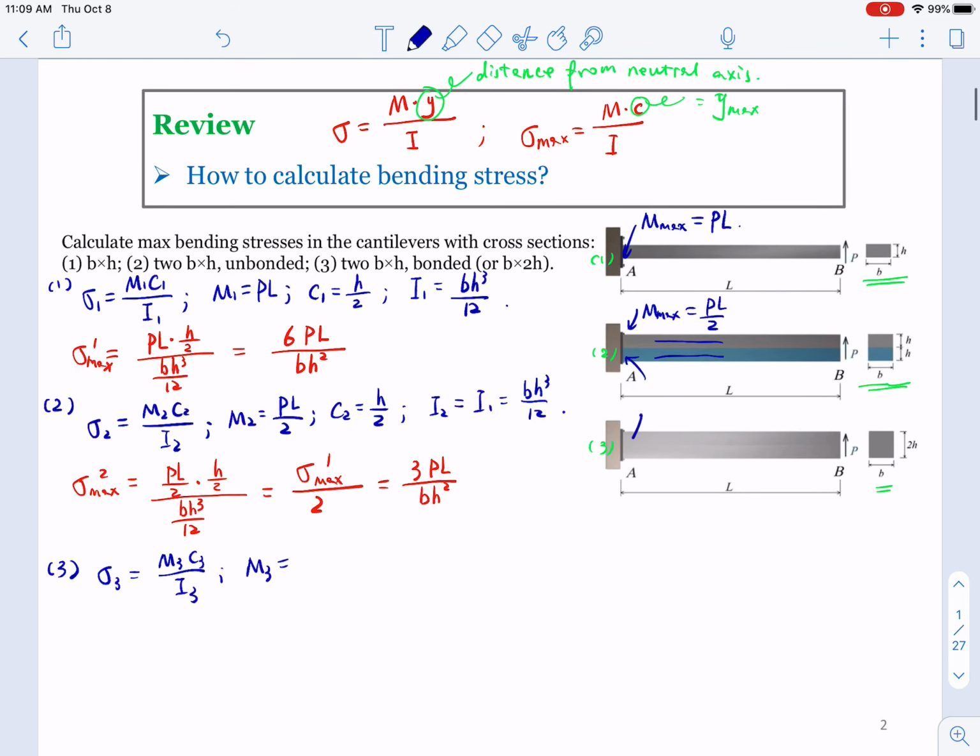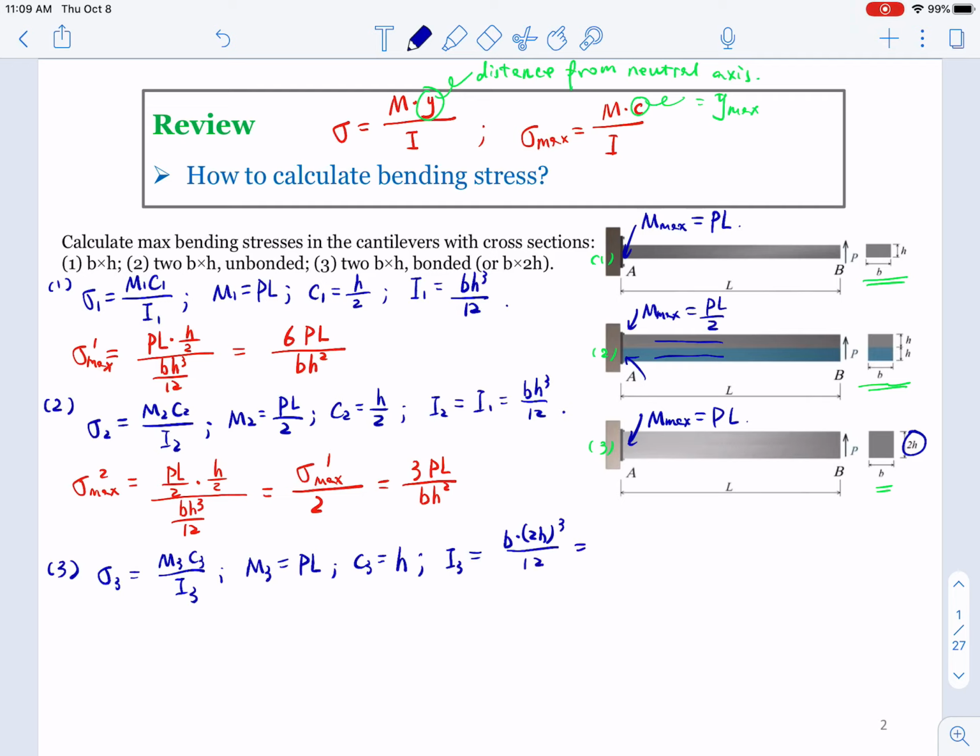At this end, the M max is PL. So M3 is PL, and C3 will be H, since the height is 2H, so half of it is H. And I3 will be B times 2H cubed over 12.